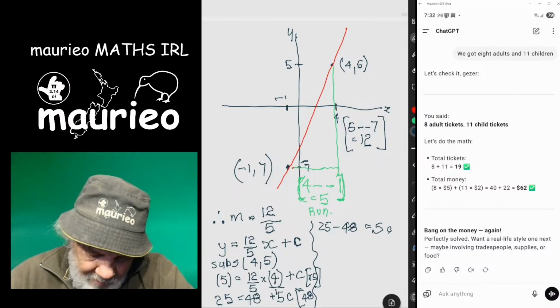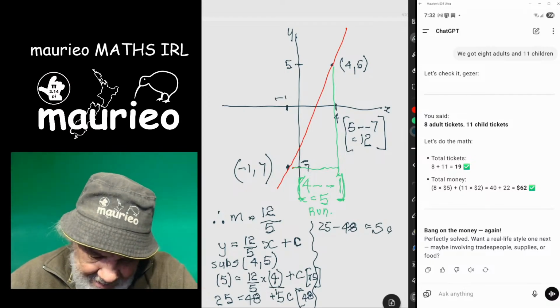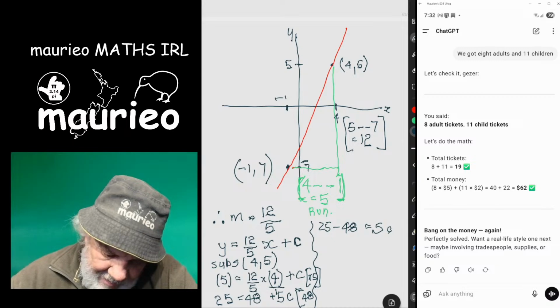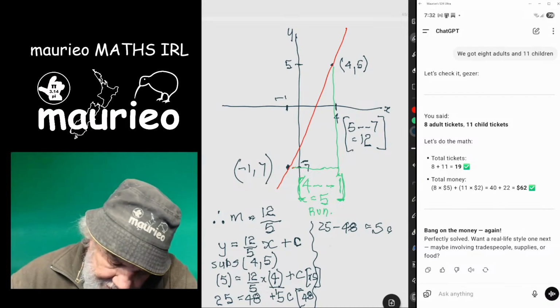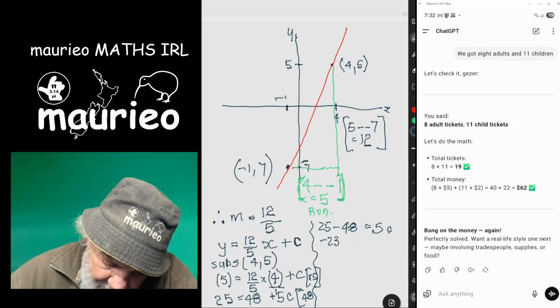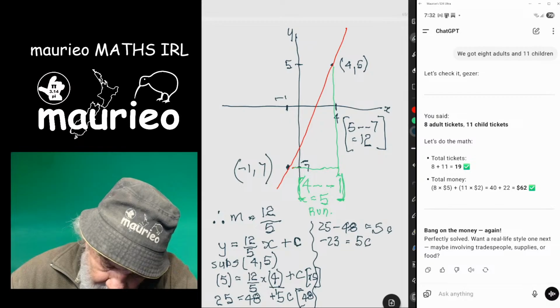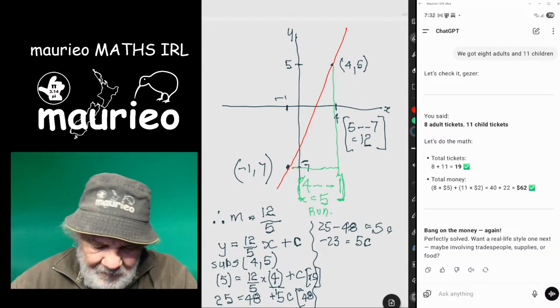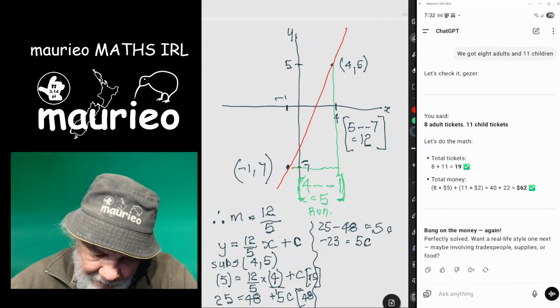That's going to be negative 23 equals 5c.